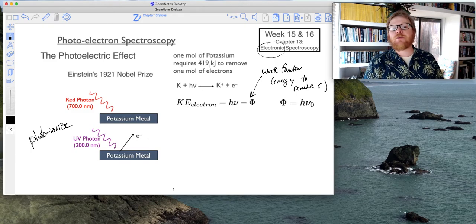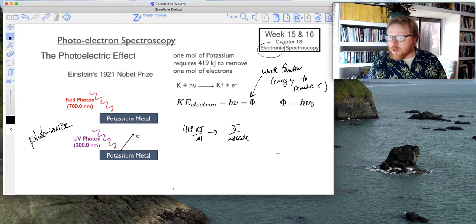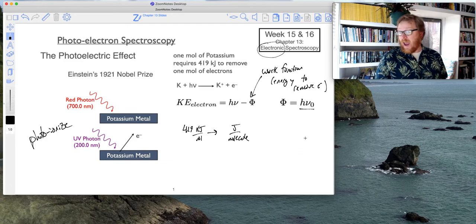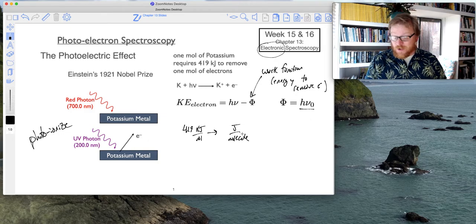And if we were to convert that 419 kilojoules per mole into joules per molecule, okay, we could use this idea of that energy being quantized. So h nu, I could come up with a specific frequency for this work function.